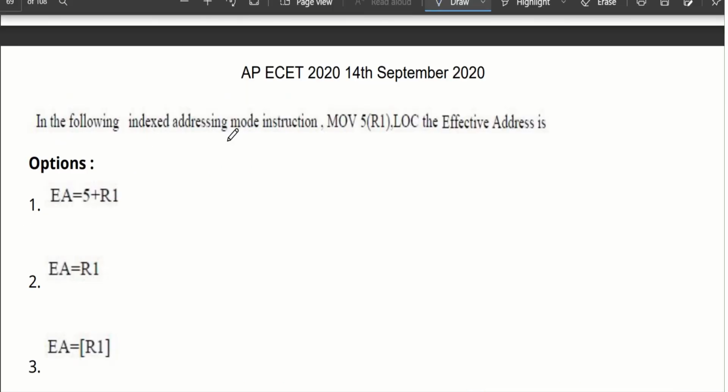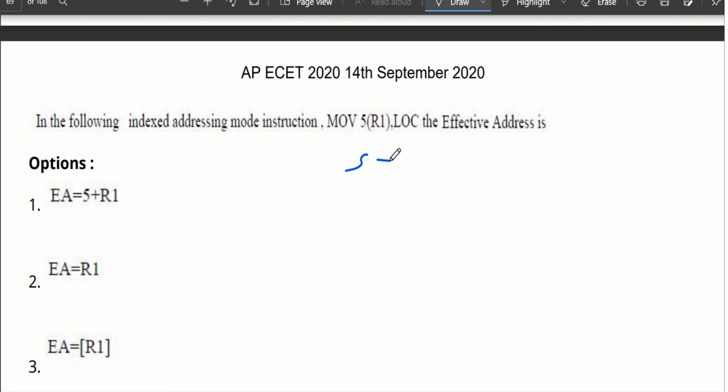So now let's move to our next question. In the following indexed addressing mode instruction, MOV 5[R1], what is the effective address? Here 5 is an offset address, and next here it is given R1. R1 is the base address.